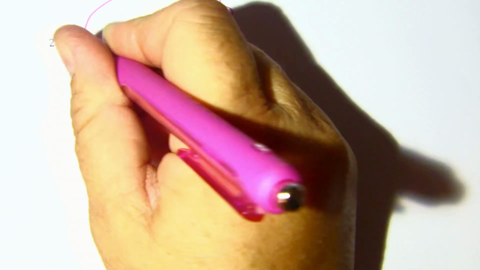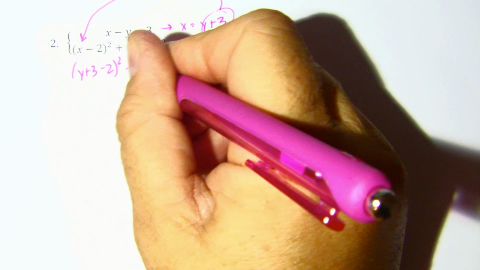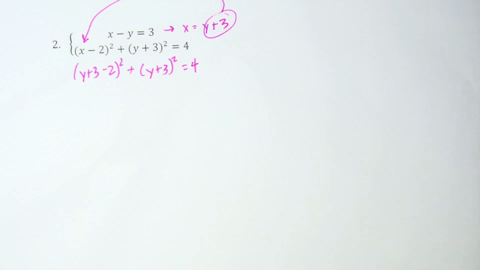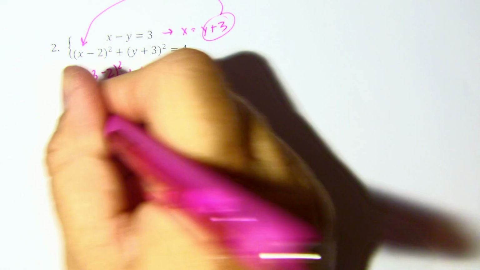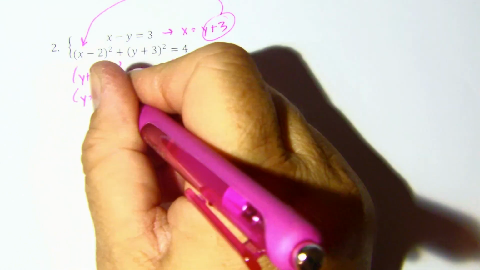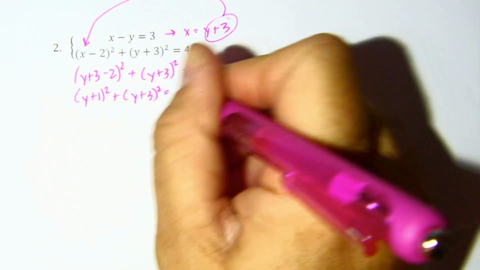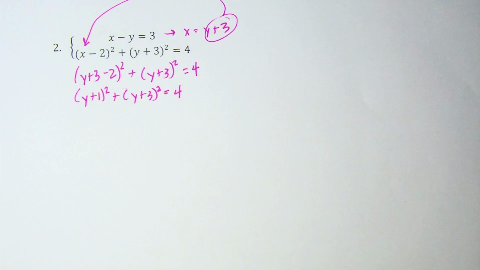So x is y plus 3, minus 2 squared, plus y plus 3 squared equals 4. Well, that becomes y plus 1 squared plus y plus 3 squared equals 4. I'm going to go ahead and FOIL both of these out.